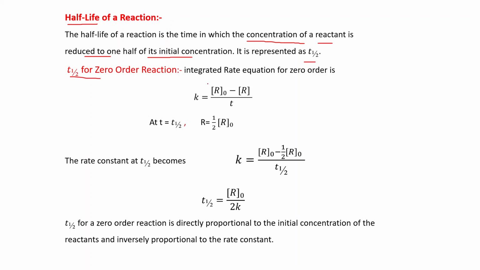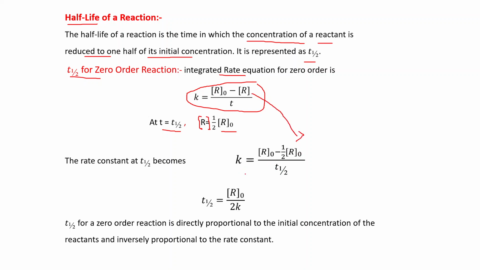T-half for zero order reaction. This is the integrated rate equation for zero order reaction. Now when T is equal to T-half, then we can say this R, that is concentration R, is equal to half of initial concentration. Now put the value of this. We can say K is equal to, T becomes T-half and R becomes half of R naught.